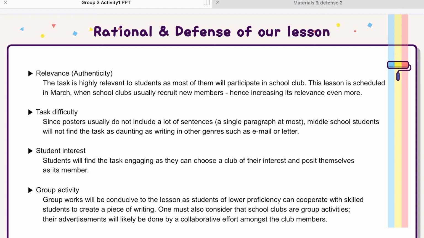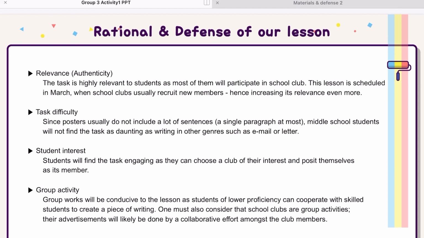Number three, student interests. Students will find the task engaging because they can choose a club of their interest at the very beginning of the class. And the genre of poster per se mixes writing with design elements. So students will be able to engage fully in the class regardless of their English fluency.